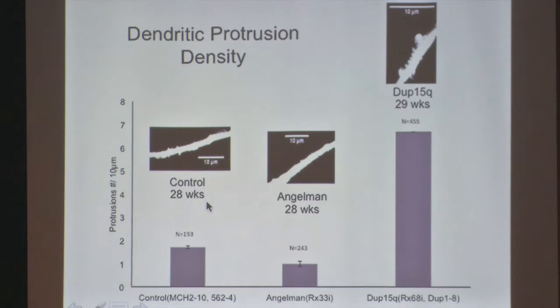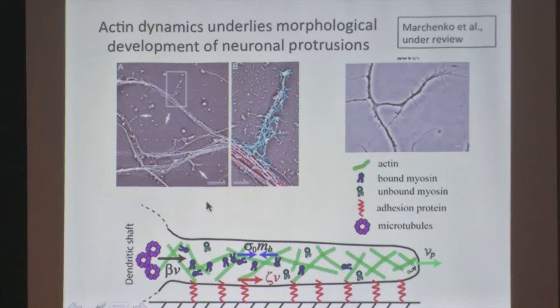Okay, so what underlies the morphogenesis of dendrites, the production of branches, the branching morphogenesis, as well as protrusions? Well, it's actin. Actin is the key cytoskeletal element in dendritic protrusions.